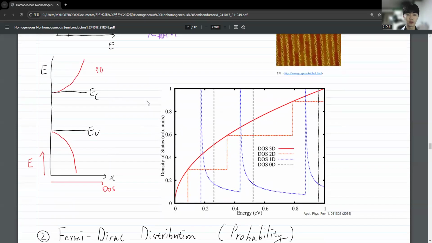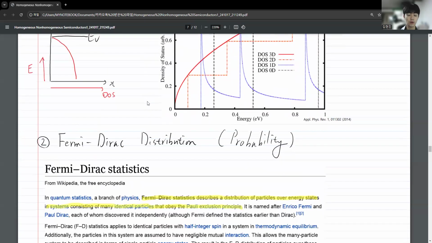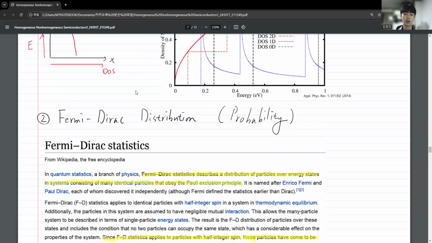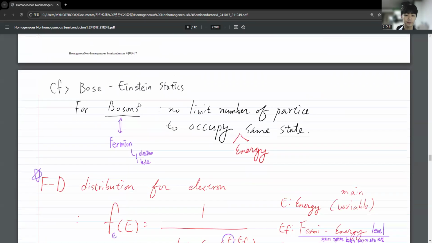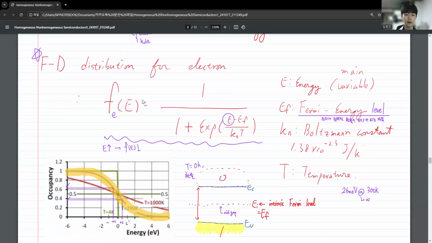Now we're going to talk about the Fermi-Dirac distribution. The Fermi-Dirac distribution is the probability of occupancy. The Fermi-Dirac distribution equation is this equation, for electrons.